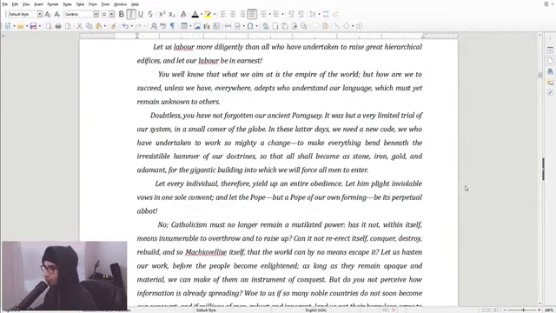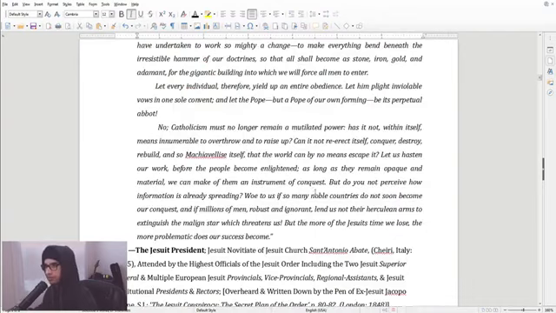Let every individual, therefore, yield up in entire obedience. Let him plight inviolable vows in one sole convent, and let the Pope, but a Pope of our own forming, be its perpetual abbot. Catholicism must no longer remain a mutilated power.